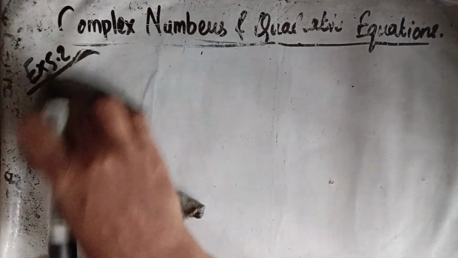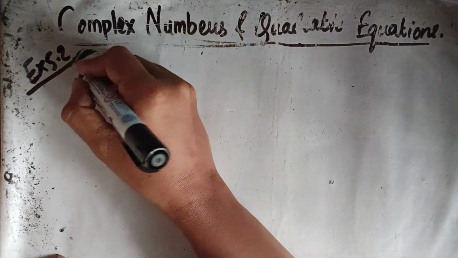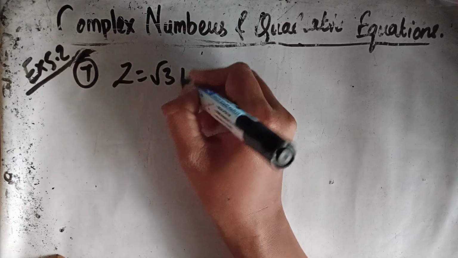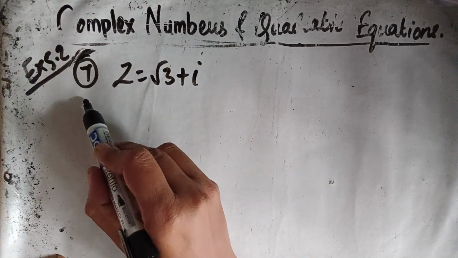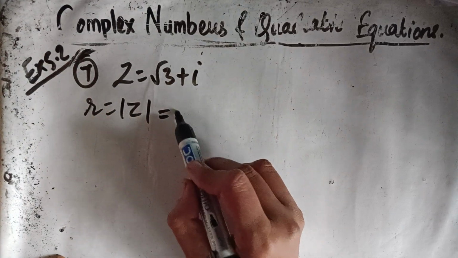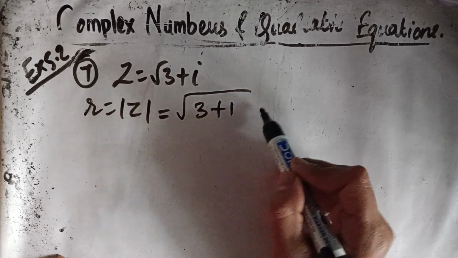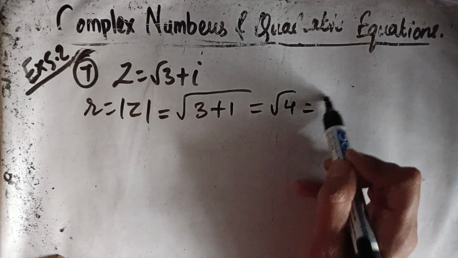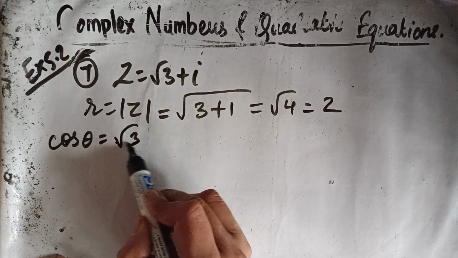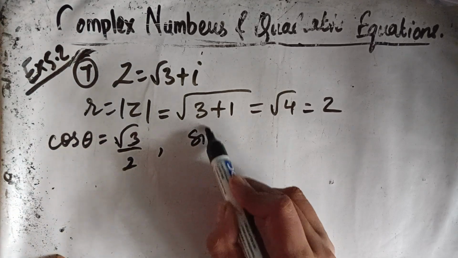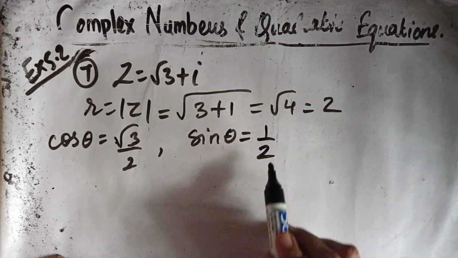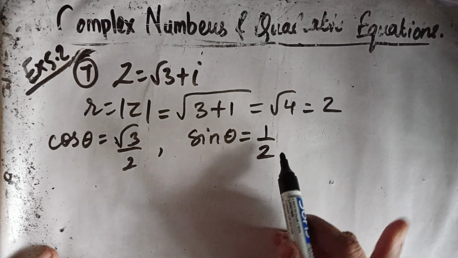Seventh one. Mod z is 4. Cos theta and sin theta are both positive, so it is in the first quadrant.